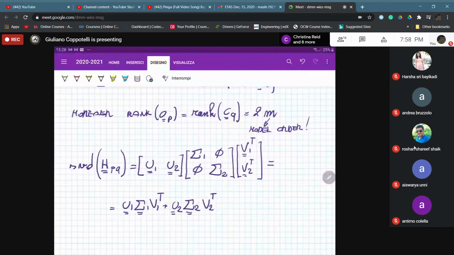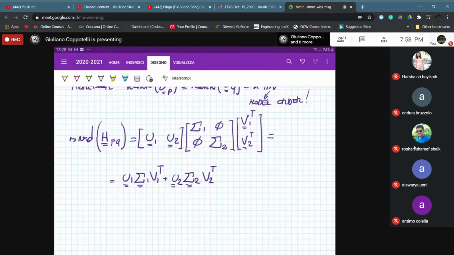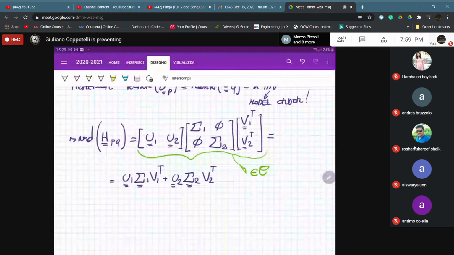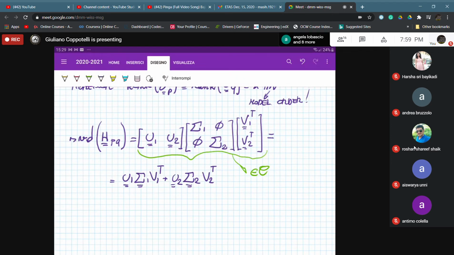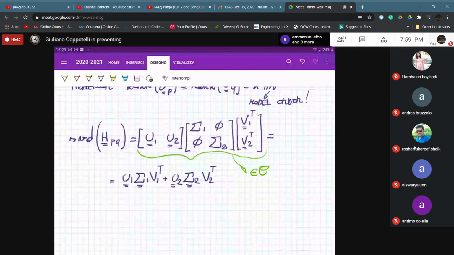Okay, please note that this could be a full complex matrix in general. And these matrices, of course, have eigenvalues and eigenvectors because they are in the Hankel matrix as we already defined.